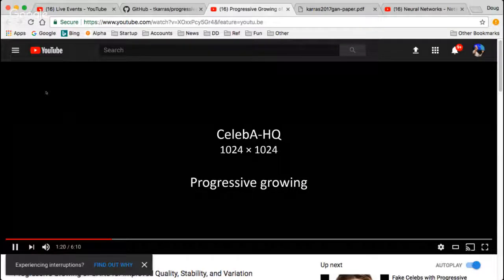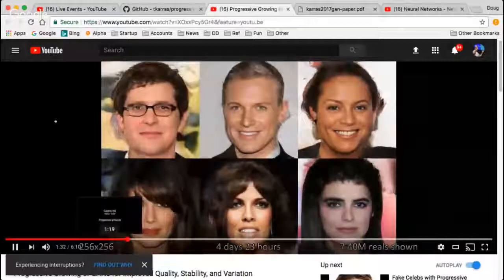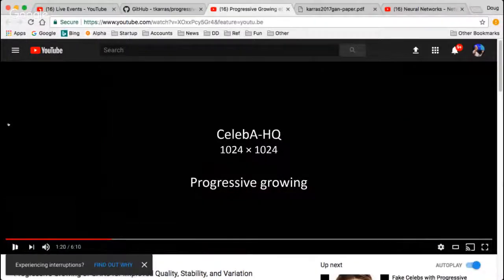And it's very slow. Figure out the time down there. We can go back over this. The network is actually growing in resolution.